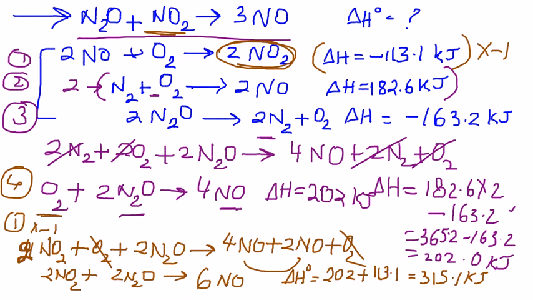And now since all of it is divisible by 2, I'm going to divide that by 2, and so I must do the same thing for the heat part as well. So that should come out to be 157.55 kilojoules as your final answer.